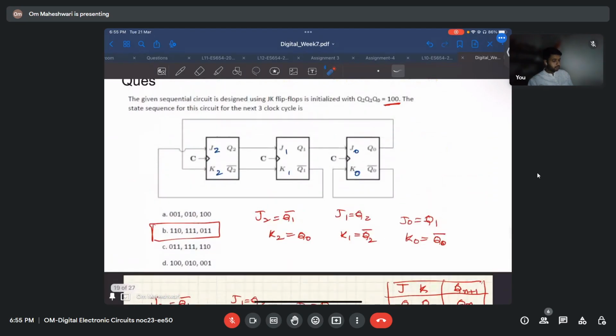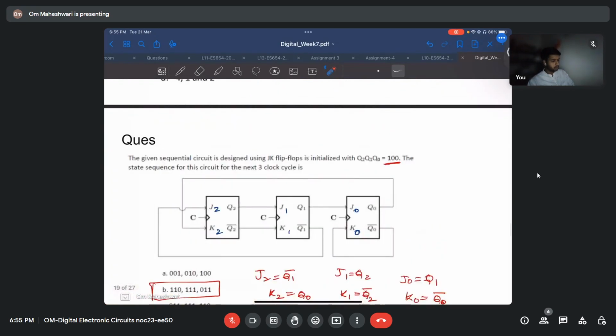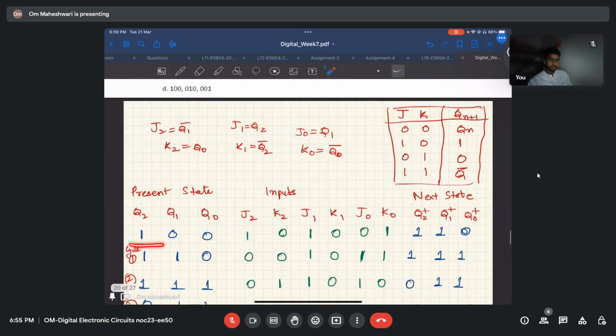Next, we know the initial state, right? Q2, Q1, Q0 initially was 100, as given in the question. So we'll write that here. Next, we determine these inputs, J2, K2, J1, K1, J0, K0.